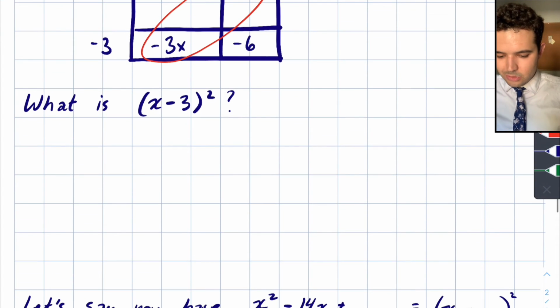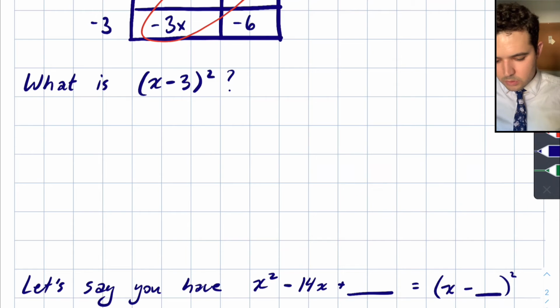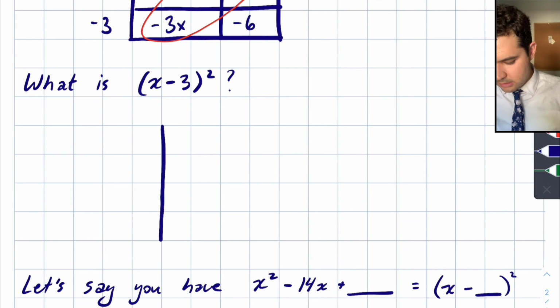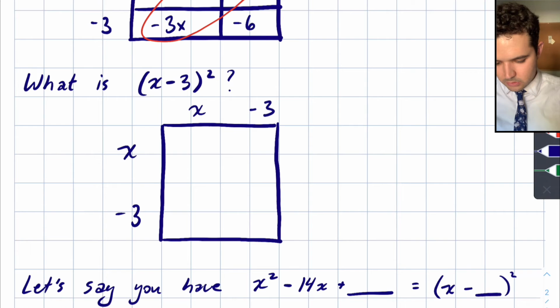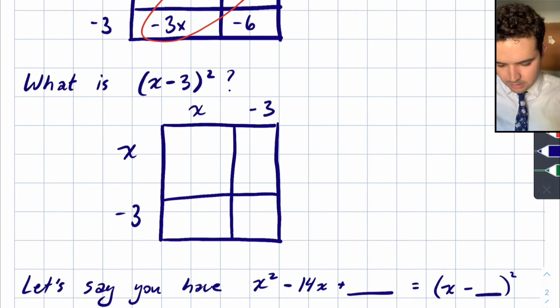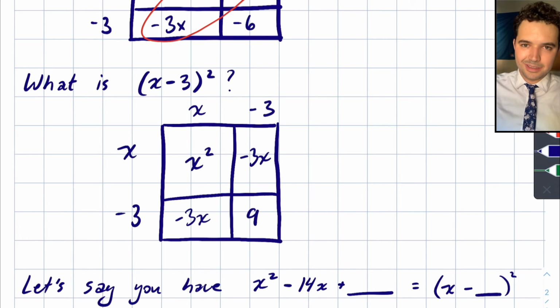Now, here's why I'm bringing this up. Let's think about something like x minus 3 squared. If I'm using this same strategy, I'll draw a rectangle and find its area. I'll have x minus 3 times x minus 3. And I'll have one that's x squared, one that's negative 3x, one that's negative 3x, one that's positive 9.